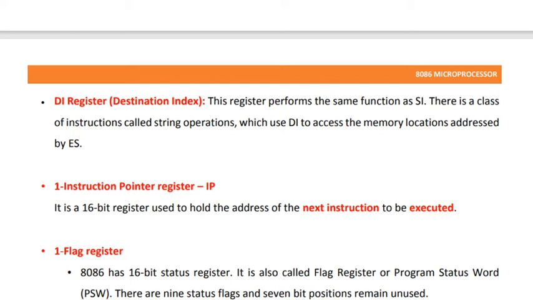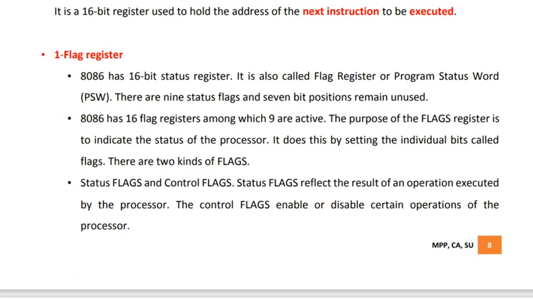Now let us move on to the flag register. The 8086 has a 16-bit status register, which is also called the flag register or program status word. Out of 16 bits, 9 bits are active and 7 bits are left unused. Out of these 9 active bits, some are used to refer to the status of the operation, and some are used to refer to the control signals.